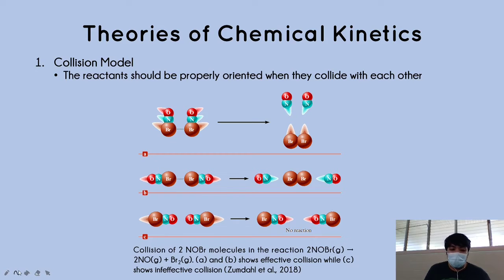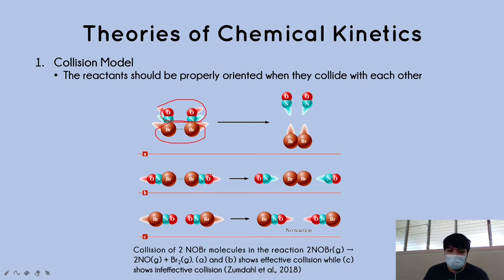Consider the reaction illustrated here, the decomposition of nitrosyl bromide to form nitric oxide, or NO, and a bromine molecule. In order for that to occur, as you see in this video, the bromine parts of the nitrosyl bromide molecules should come in contact and collide, so that when they collide, they will stick together and the other parts will detach to form products.